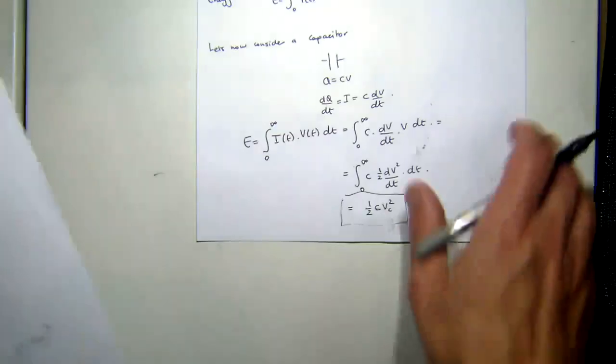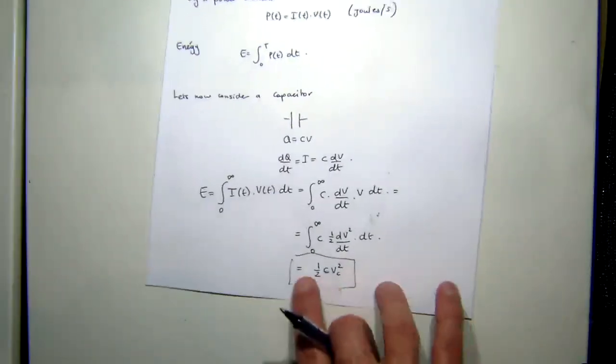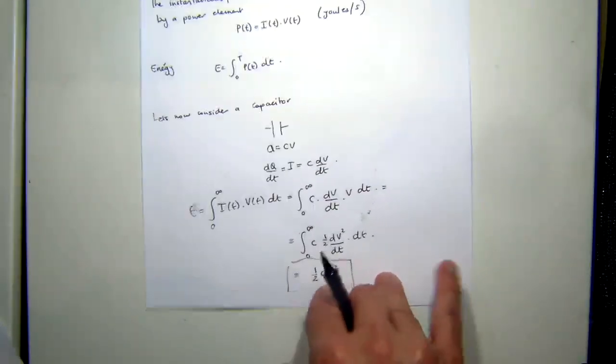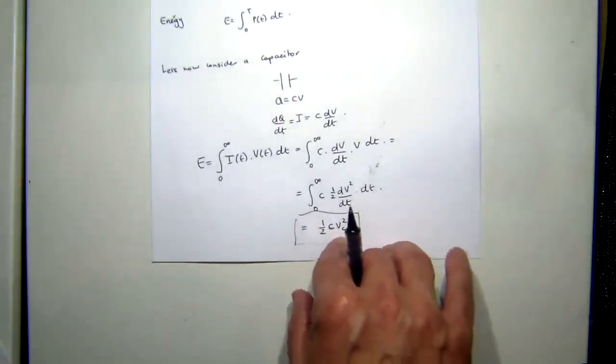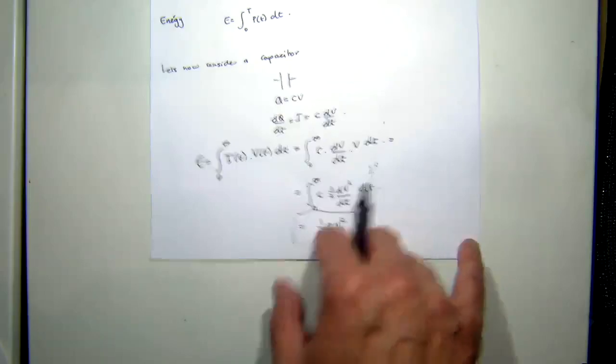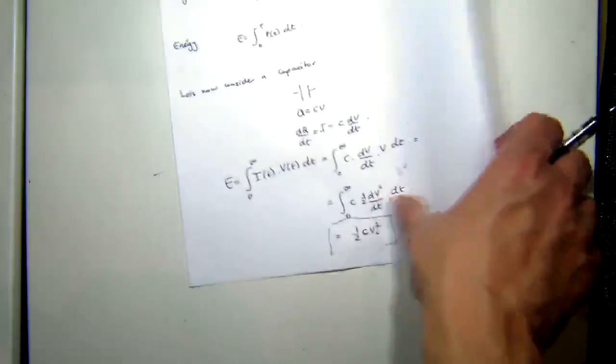Now, the question is, is this process 100% efficient? Is it 98% efficient, 99, 95? Any guesses? How efficient do we think it's going to be? Okay, let's work it out.